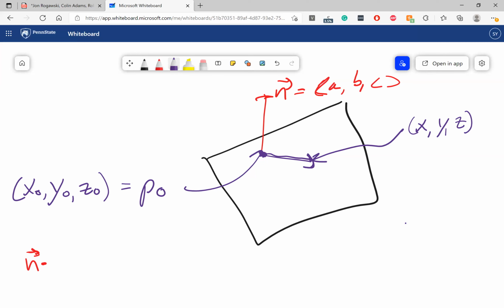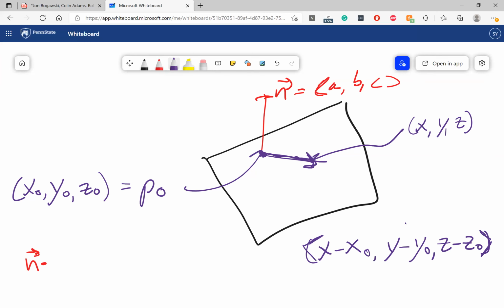Or in other words, it's the vector. So this is the vector in the plane, and that vector is going to be x minus x0, y minus y0, and z minus z0. So this is a vector in the plane.